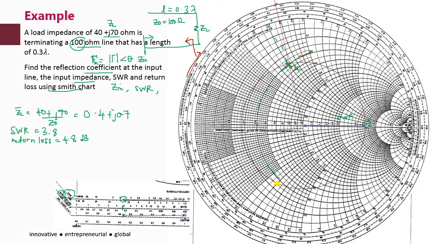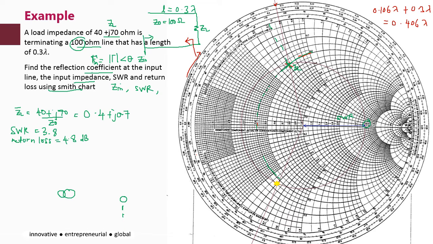The current position is 0.106 lambda, and then you add the length, 0.3 lambda, so you get 0.406 lambda. Find 0.406 lambda, then draw the line to its intersection with the SWR circle. This is your Z in.